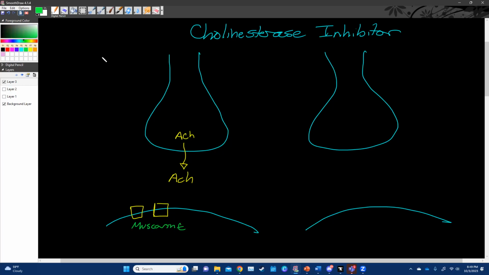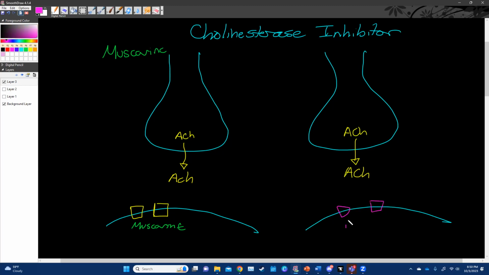So muscarinic neurons utilize acetylcholine endogenously, right? What is the other kind of neuron that also releases acetylcholine, but are not muscarinic receptors? They're different receptors. Nicotinic.